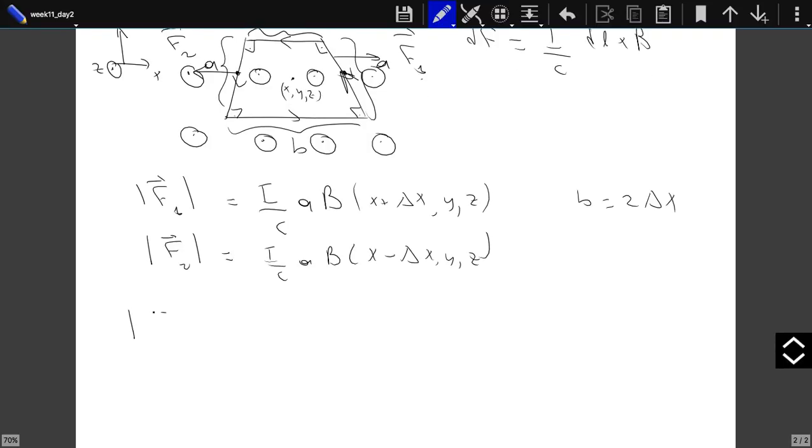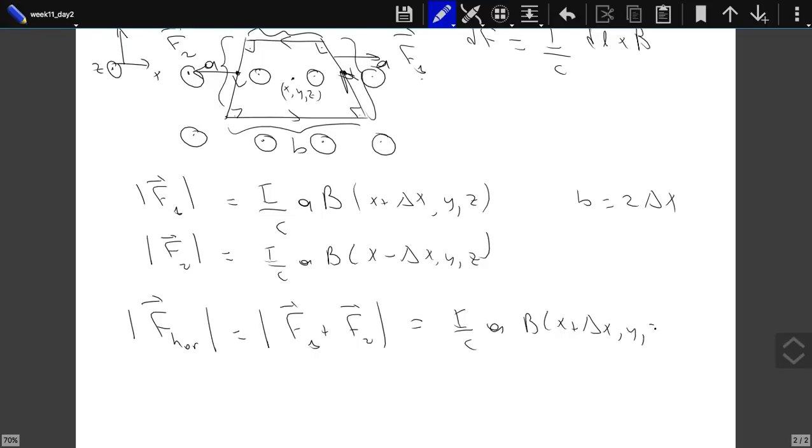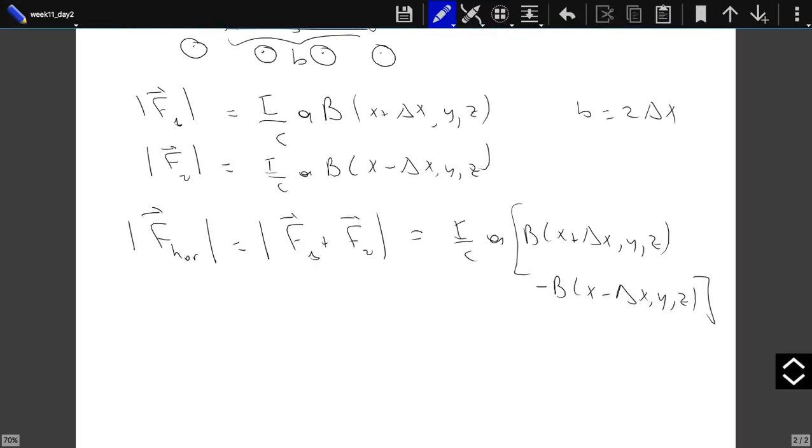So the magnitude of the horizontal force, well, the horizontal force will be due to F1 plus F2. This will be equal to I over C A times B of x plus delta x y z minus B of x minus delta x y z.